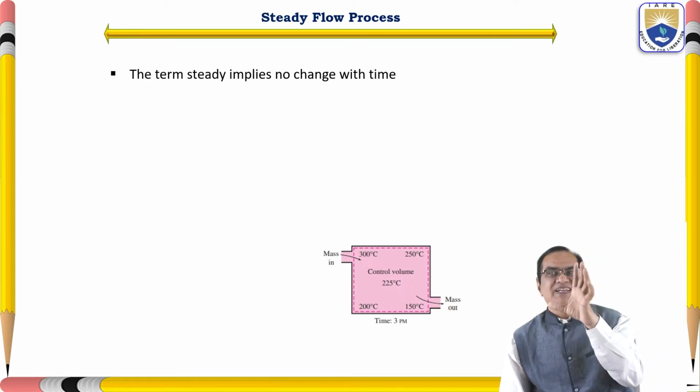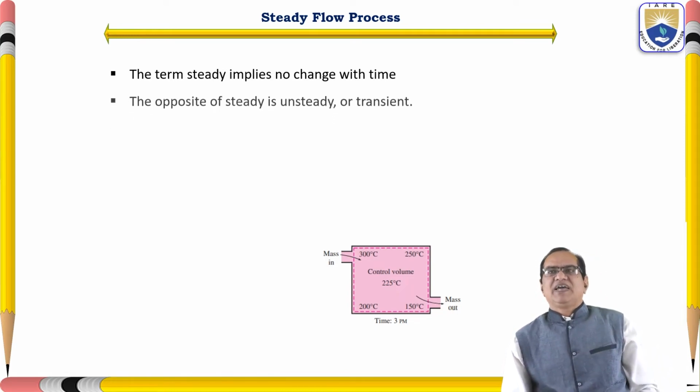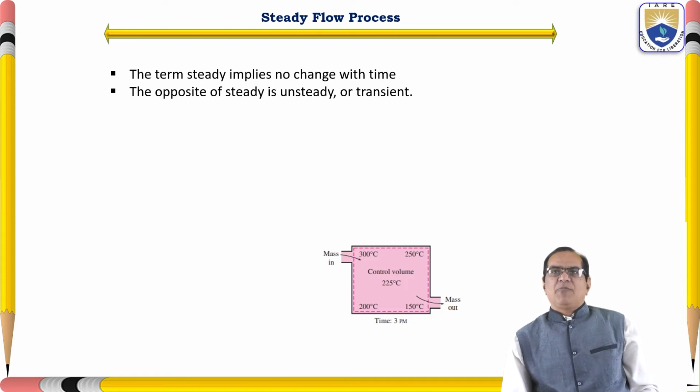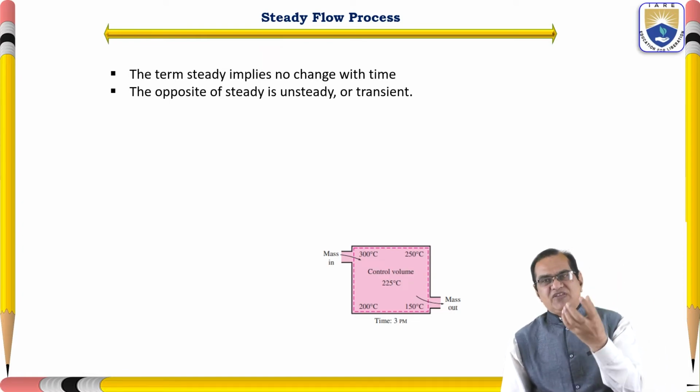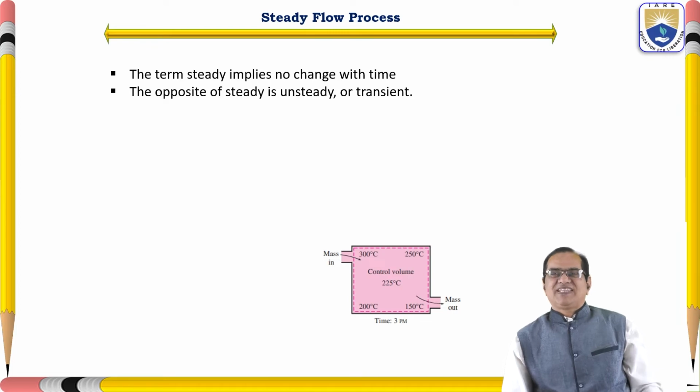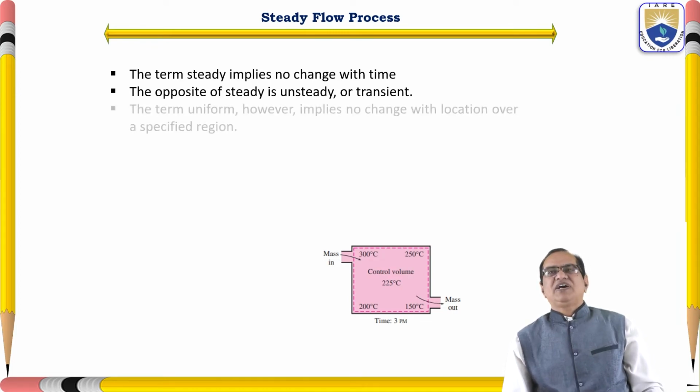At a particular instant of time we are taking the values. The opposite of steady is unsteady or transient. If we take values over a certain amount of time, then we can say it is unsteady or transient.